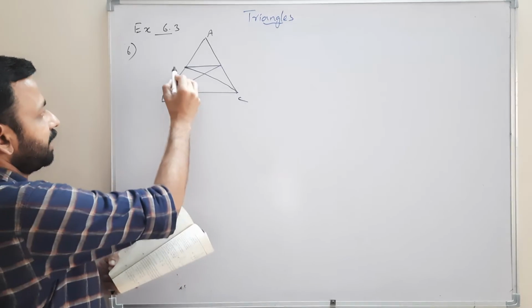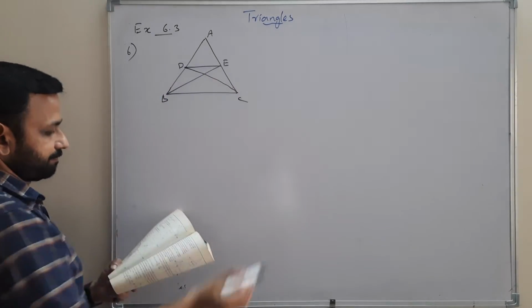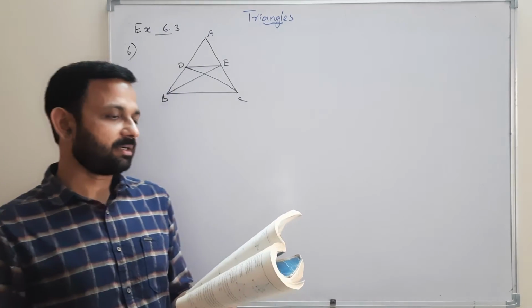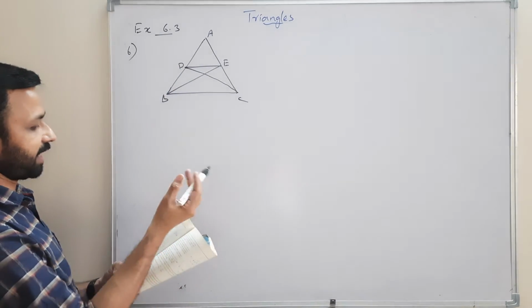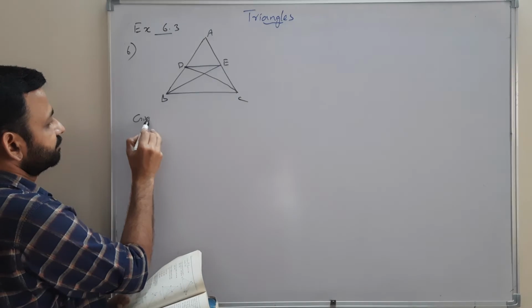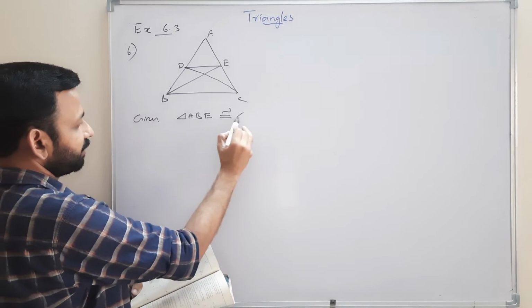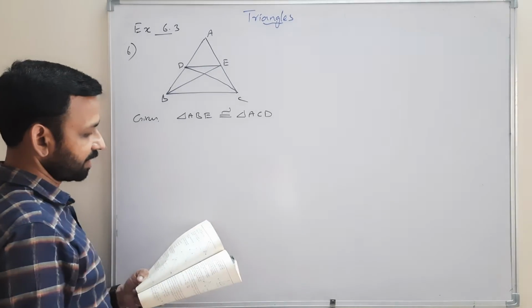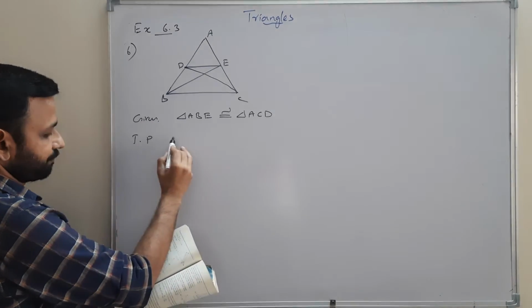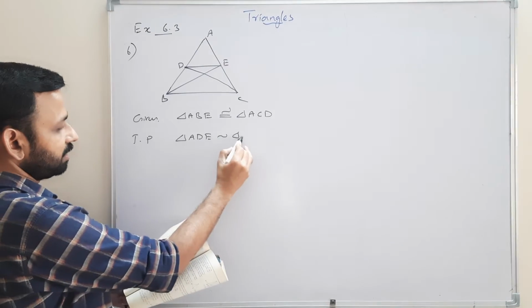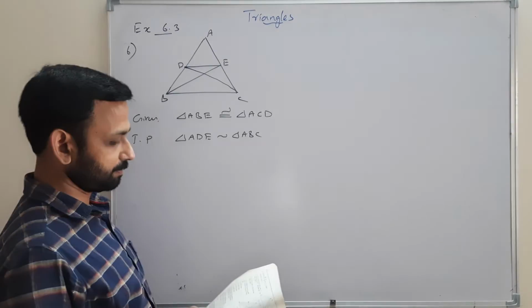And here D and E. In figure 6.37, triangle ABE is congruent to triangle ACD, given condition. Then to prove: triangle ADE is similar to triangle ABC, that is our question.